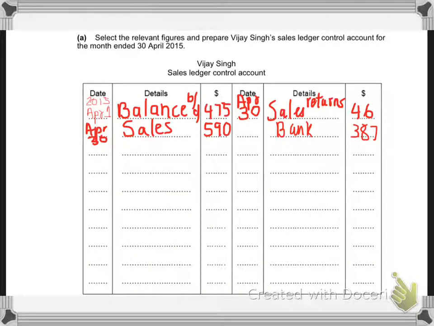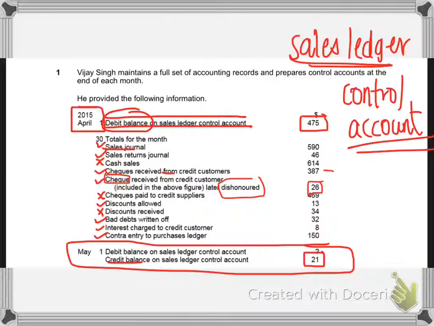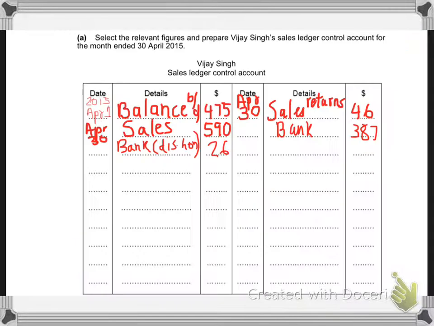We can write bank, and in brackets we could also write dishonored, and write the amount, which is 26. Then we have discount allowed. Discount allowed will go on the credit side, and the amount is 13. So we'll record on the credit side discount allowed 13.